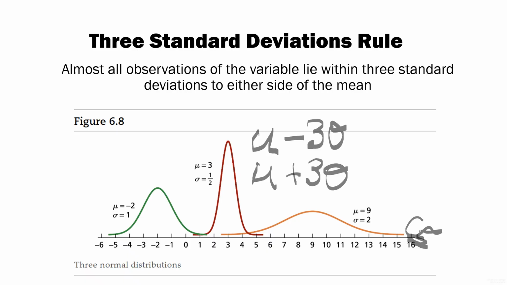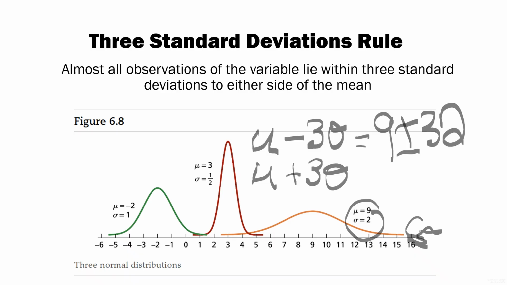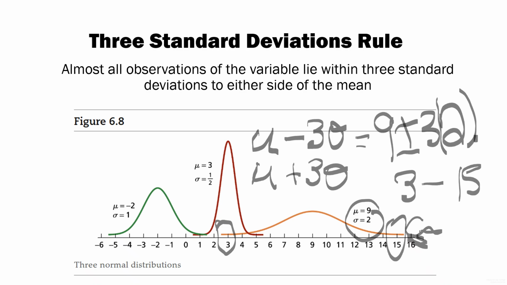So all we have to do is put in 9 plus or minus 3 times our standard deviation of 2. I'll put that in brackets so it doesn't look like 32. You can find that our lower limit would be 3, and the upper limit would then be 15. And you can see that that's where this one lands as well.